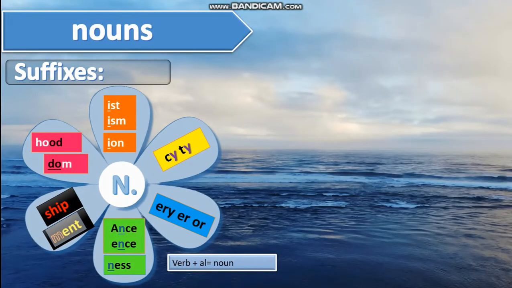We should also know that the word formed by adding al to a verb is a noun, so a verb plus al equals a noun.